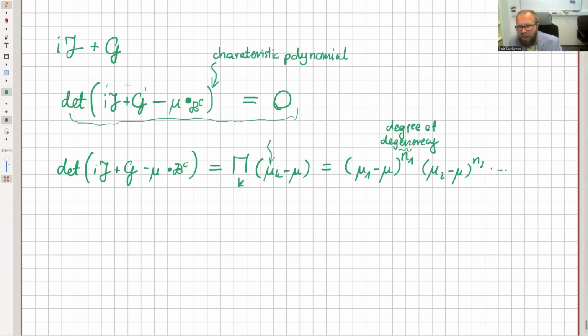It's a scary name, but what can you do? So if some n_k is greater than 1, we say that eigenvalue mu_k is degenerate. Again, that's the nomenclature, which you probably very well know.